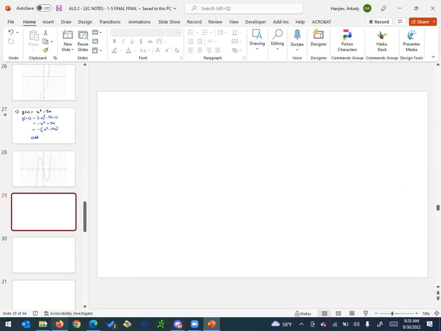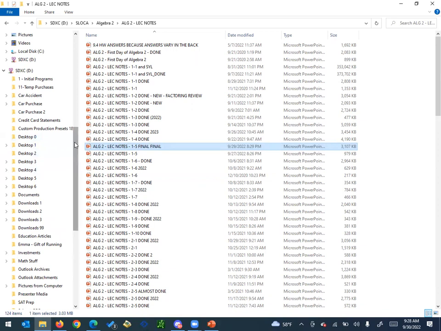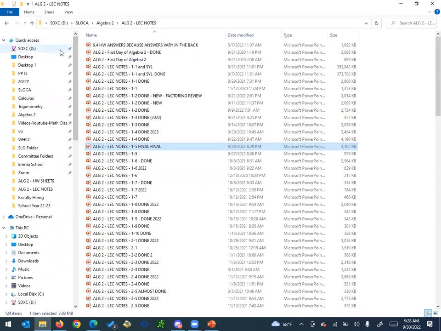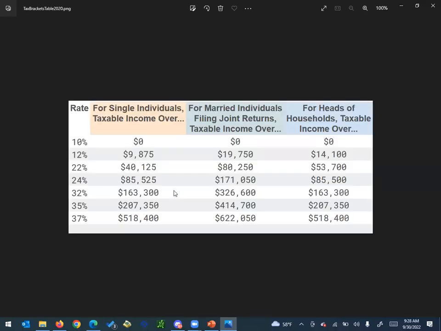Do you guys remember the piecewise functions? Here's what I looked up, the tax brackets. Here are the IRS tax brackets for, I think, 2019.